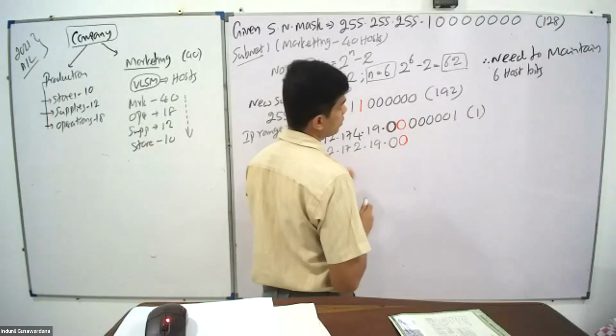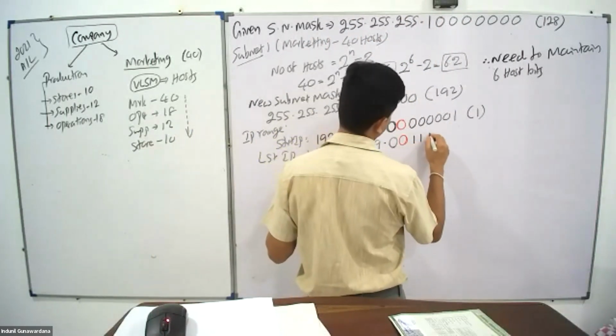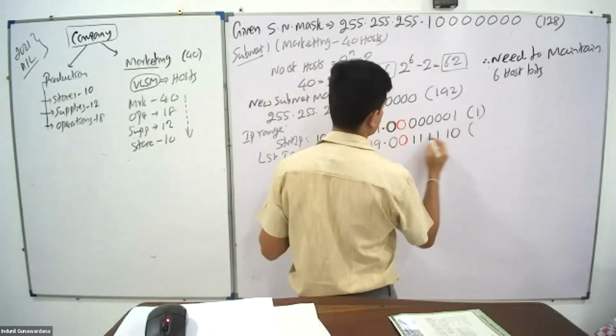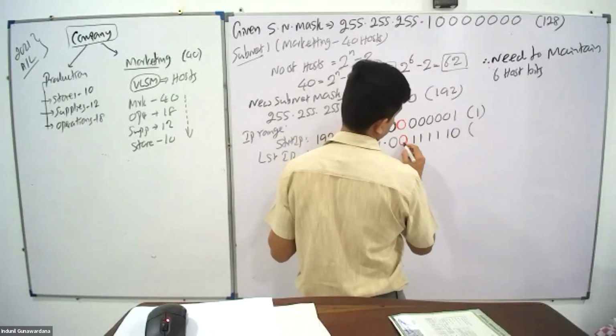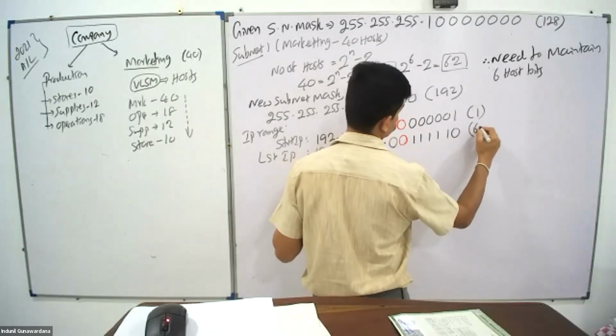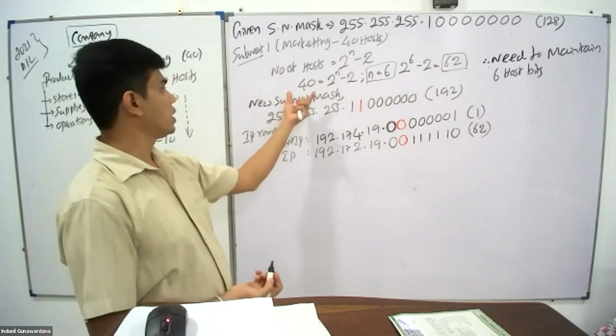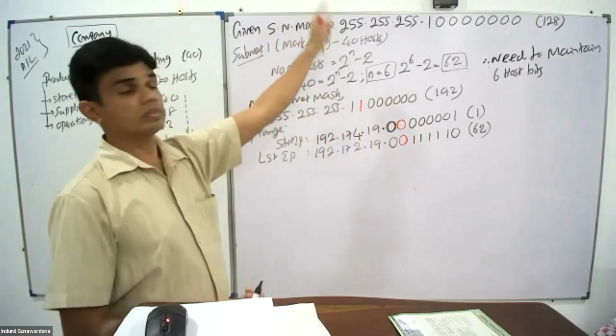Then making all the host bits 1, 2, 3, 4, 5, 6. Then what is that in decimal? This is 64, 63, 62. So the IP addresses go from 1 to 62, but we need to use only 40 there.